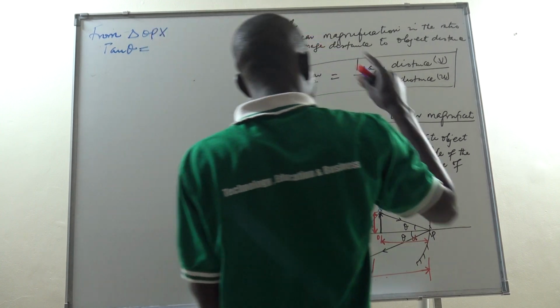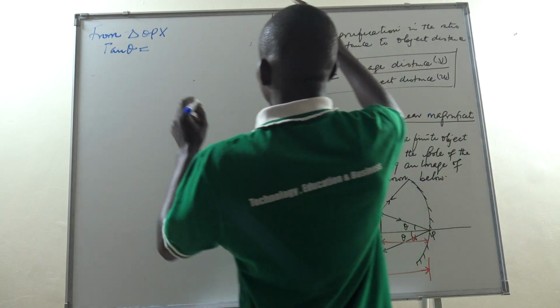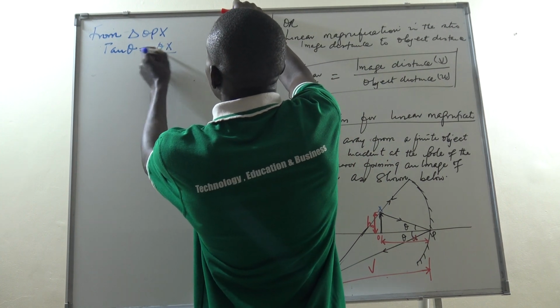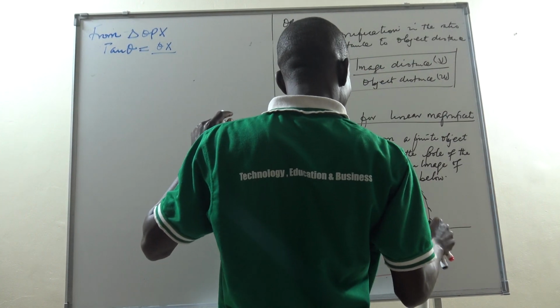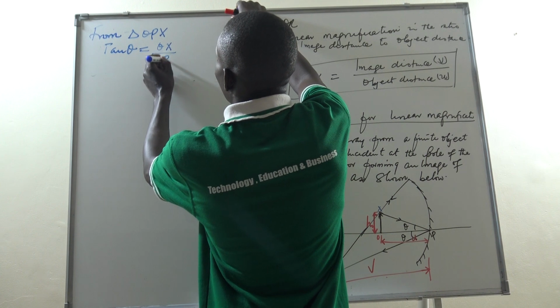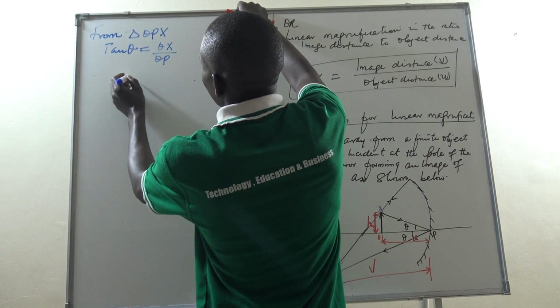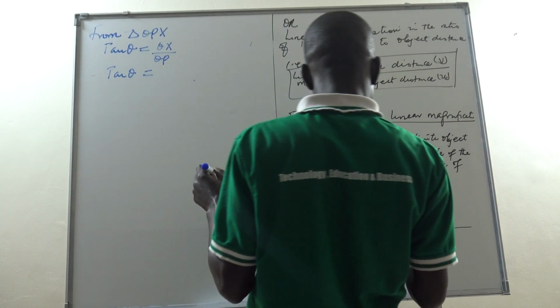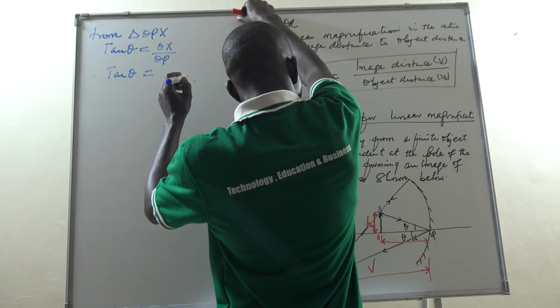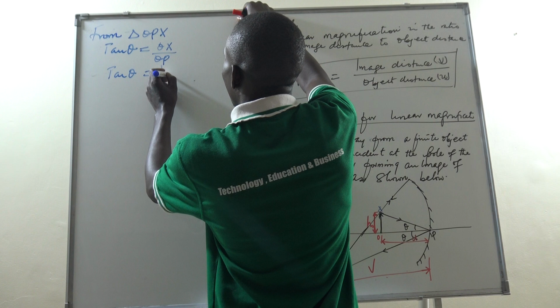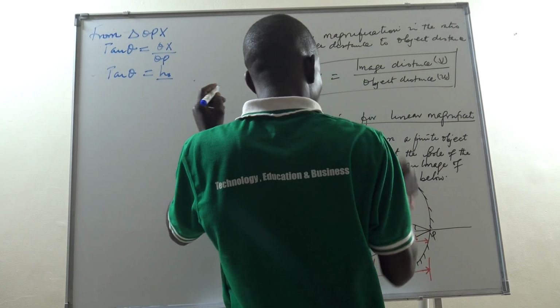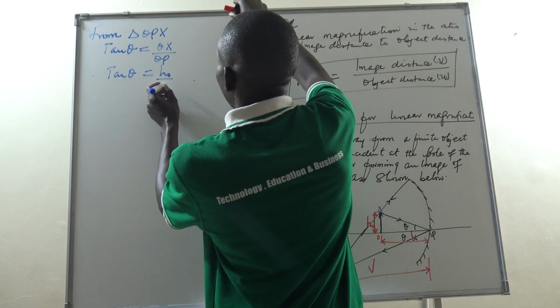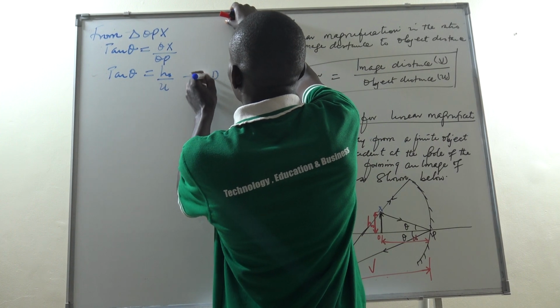Tan theta is equivalent to opposite, which is OX, out of adjacent OP, and that is the same as saying tan theta equals h naught, OX being the height of the object, out of adjacent, that is u. Equation 1.